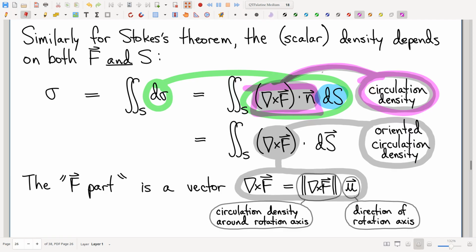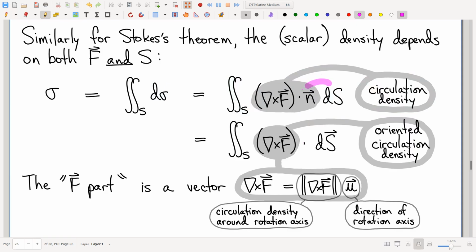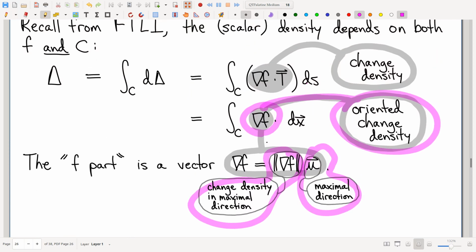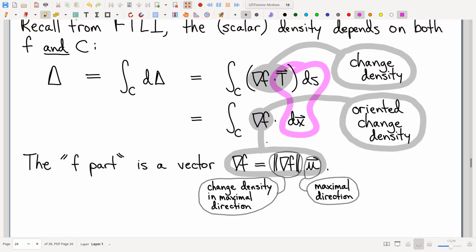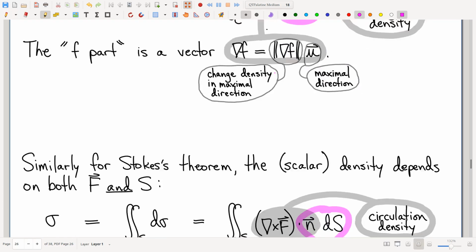Okay, but let's entertain what if we combine the scalar size and the orientation into a single vector differential. And by the way, that's exactly what we did up here. Exactly the same thing. Scalar size times orientation gave us our vector differential. We've talked about that analogy before.